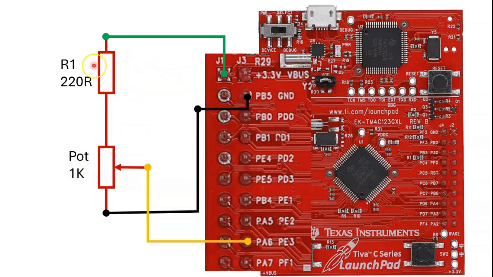The 220 ohm resistor R1, one end is connected to the 3.3 volts pin, and the other end of the R1 resistor is connected to the 1K trimmer potentiometer, and the middle pin of the potentiometer is connected to PE3, and the ground of the board is connected to the other end of the 1K trimmer potentiometer.